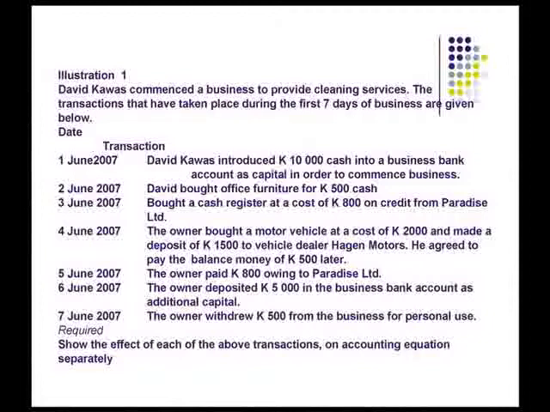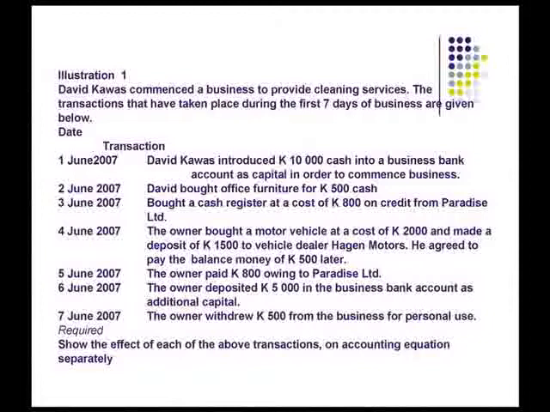And on the following day, he purchased office furniture, and then he bought a cash register. But for the furniture, he paid cash 500. But for the cash register, he didn't pay any money.